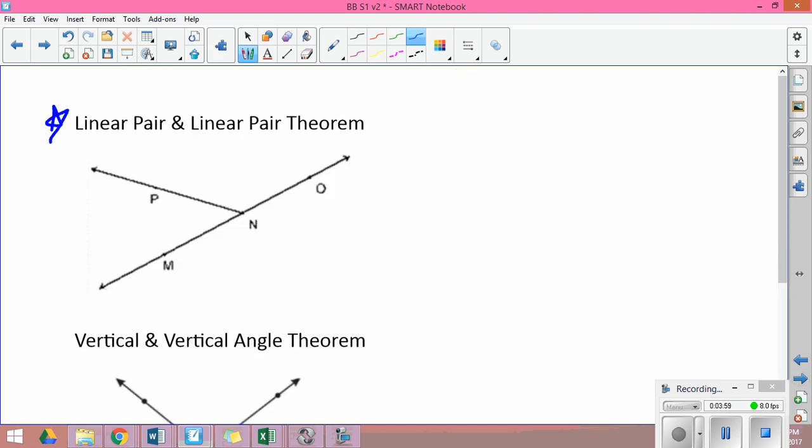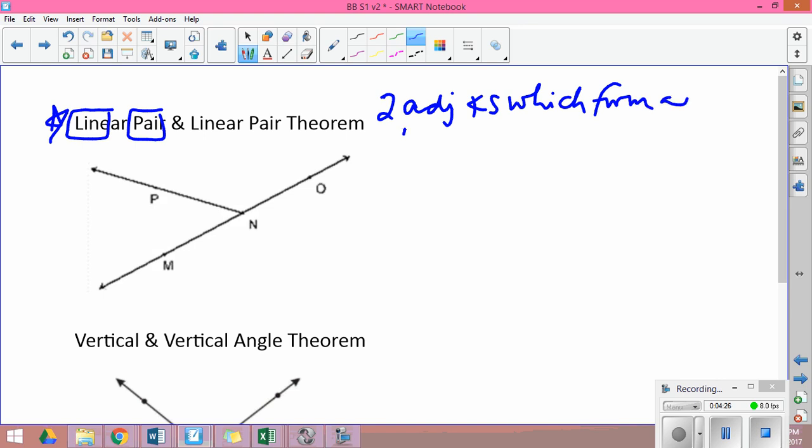Key theorems that we use a lot: linear pair and linear pair theorem. The minute I see linear pair, I see the words line pair. This is where we have two adjacent angles, which form a line. Two adjacent angles which form a line, which means they are supplementary.